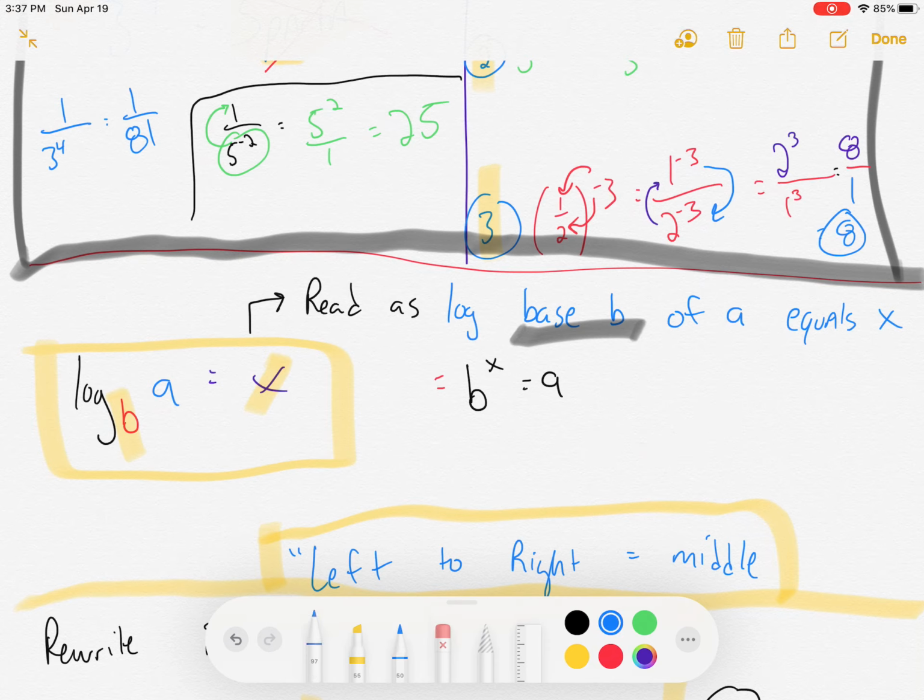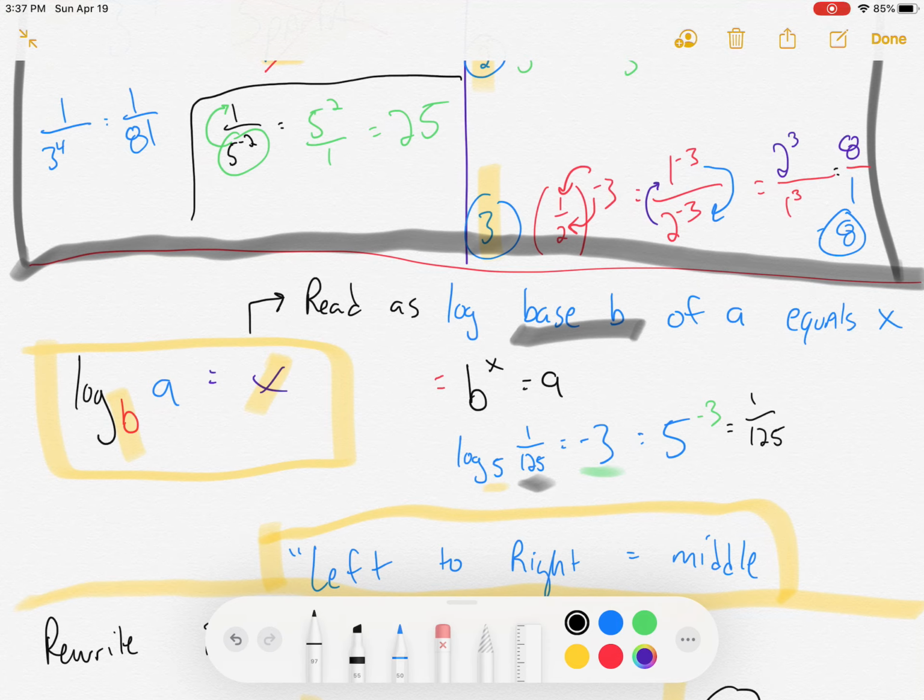Let's do log base 5 of 1 over 25 equals -3. And what that means is the number on the left is 5, to the right power, my power on the right-hand side is -3, and that's going to equal the number in the middle.